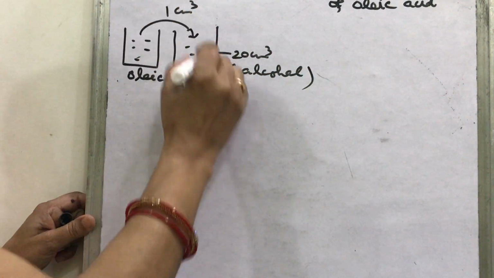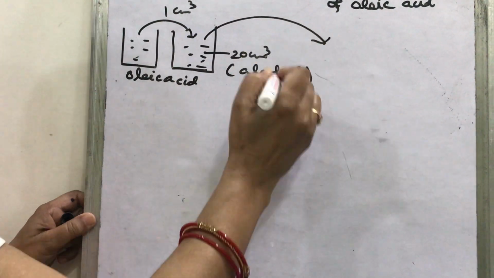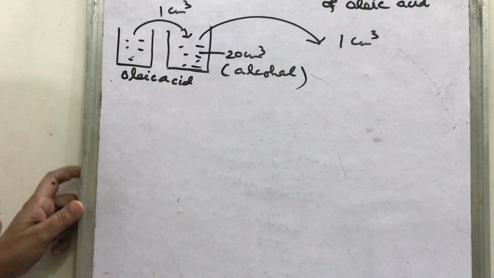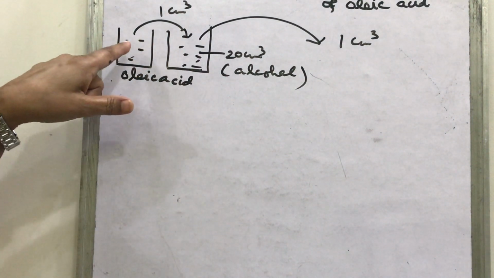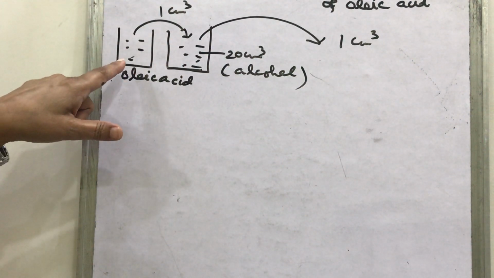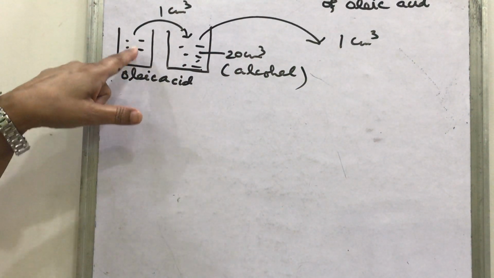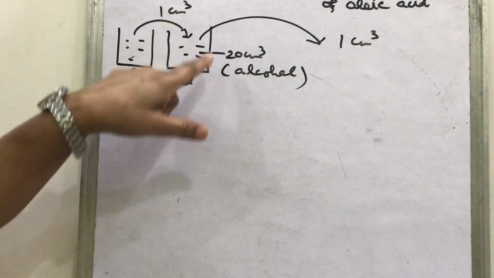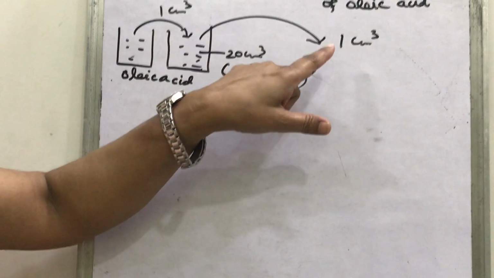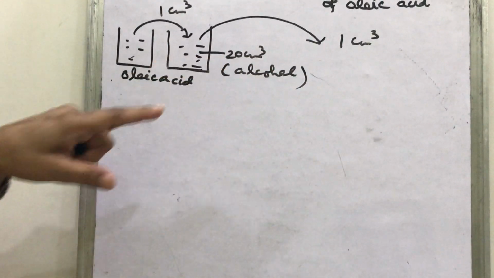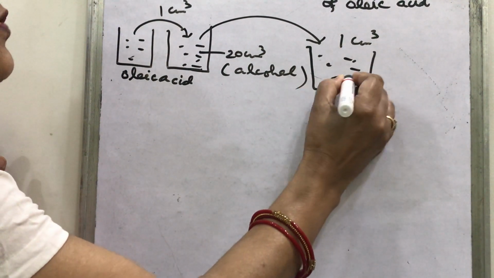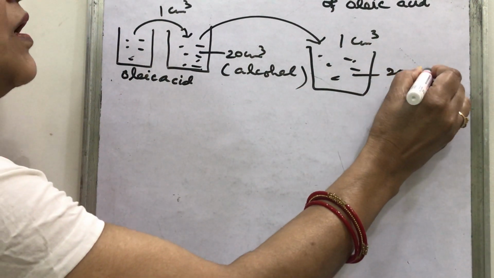Now from this mixture again 1 centimeter cube is taken. What I am saying, from the container 1 centimeter cube of oleic acid is taken, and it is mixed with 20 centimeter cube of alcohol, and from this solution, 1 centimeter cube of the solution is redissolved again in 20 centimeter cube alcohol.